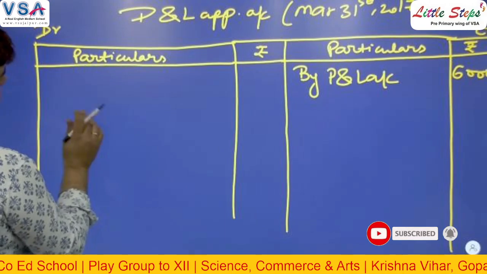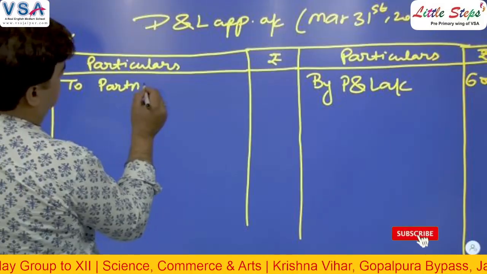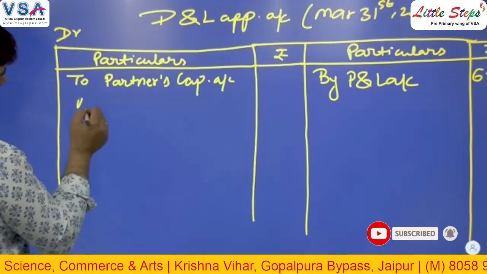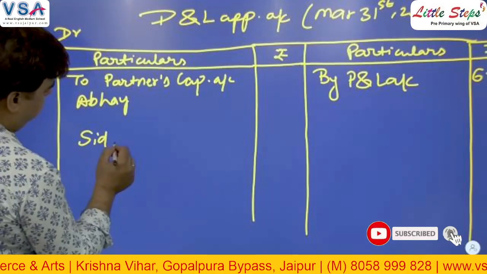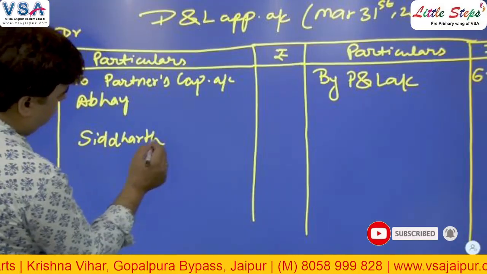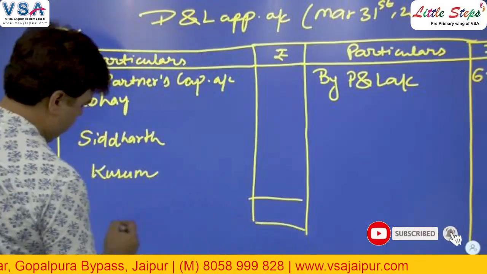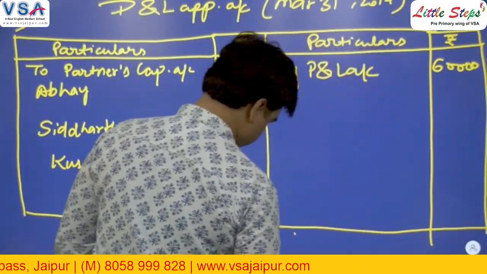Now the 60,000 has to be distributed among partners. So partners' capital accounts, one was Abhay, another was Siddharth, third one is Kusum. Total has to be 60,000, right?